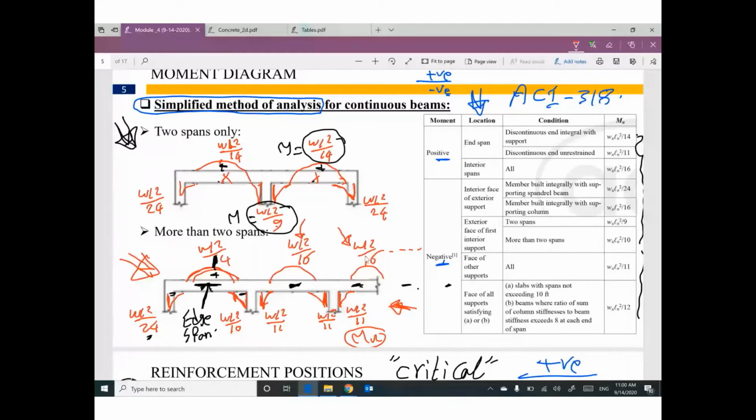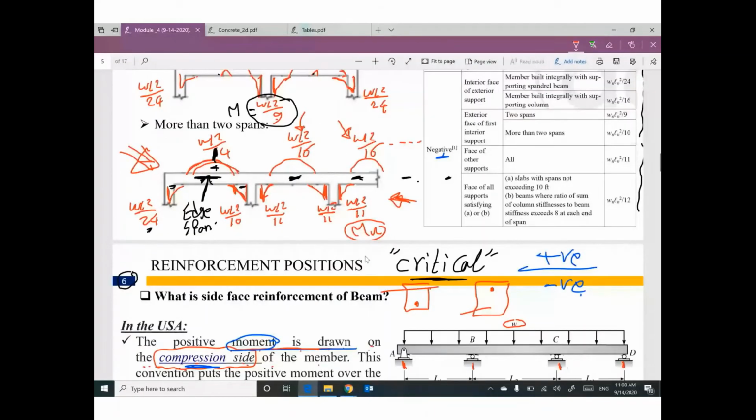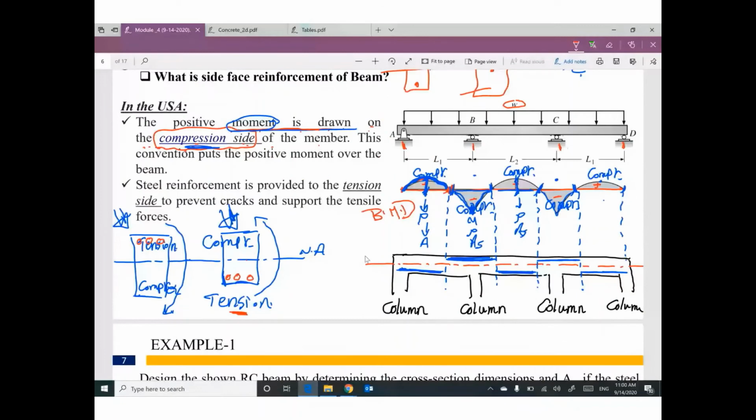and where I can put steel reinforcement, at the top of the beam or at the bottom of the beam, based on the diagram. And remember, bending moment is drawn on the compression side. I'm talking about the USA, because if you go outside the USA, you will find something different. So bending moment can tell you where the compression side is.